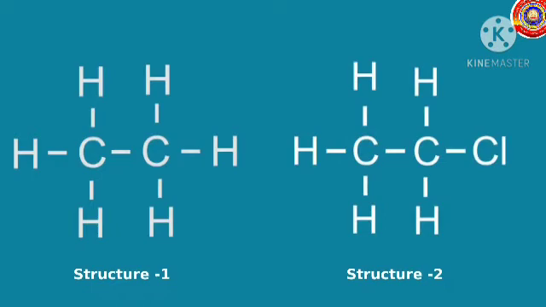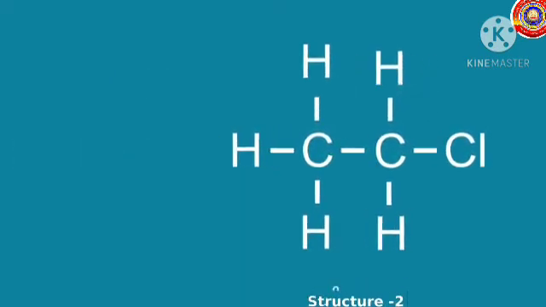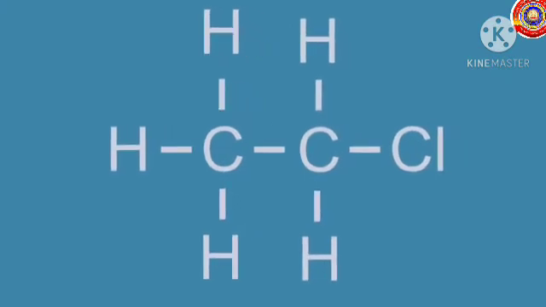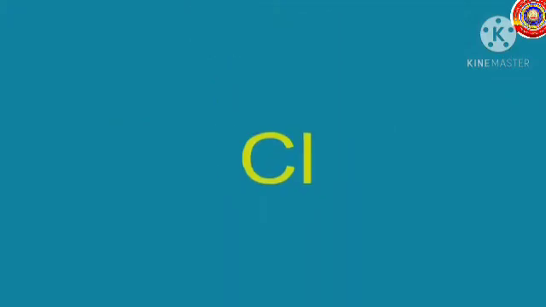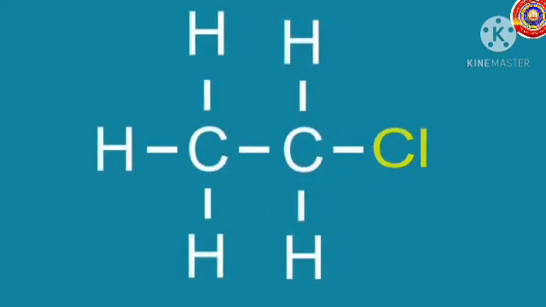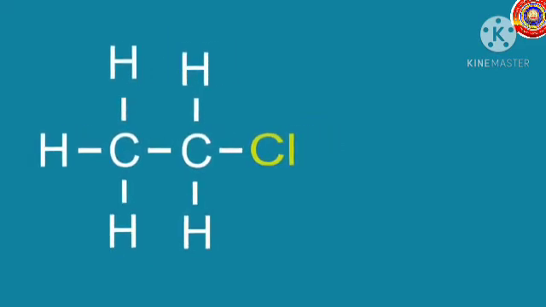What is the difference in these structures? In structure 2, which atom is there instead of hydrogen? Chlorine, isn't it? So, if chlorine replaces the hydrogen atom from an alkane, then the resulting compound will be chloroalkane.